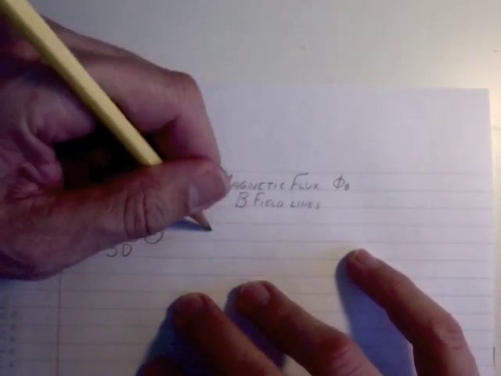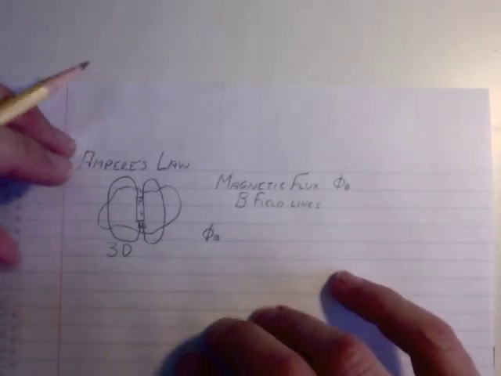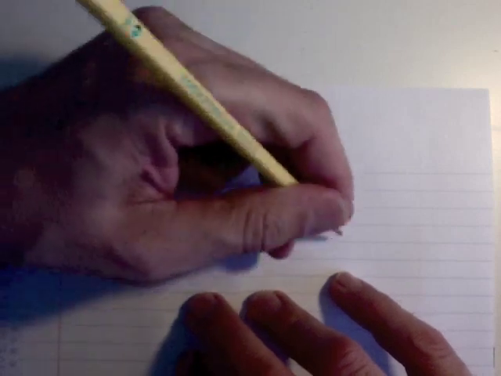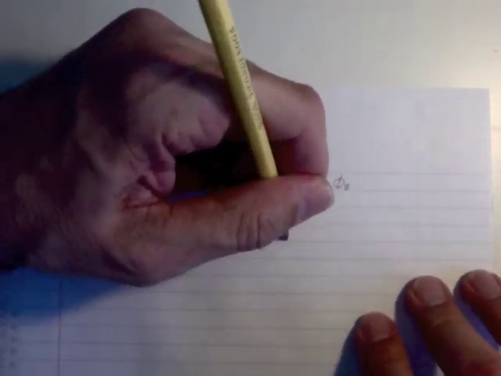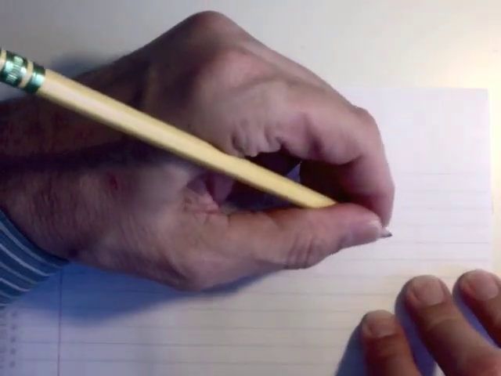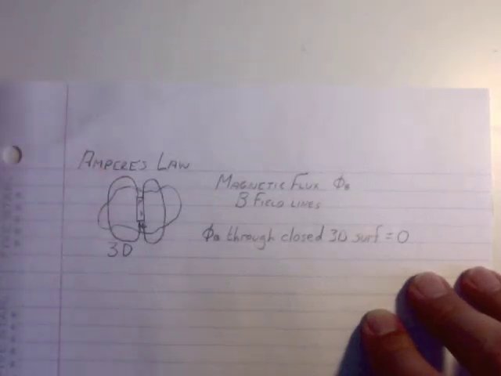So the magnetic flux through a closed surface, through a Gaussian surface or a closed three-dimensional surface, has to equal 0. Whatever goes out comes back in at some point.